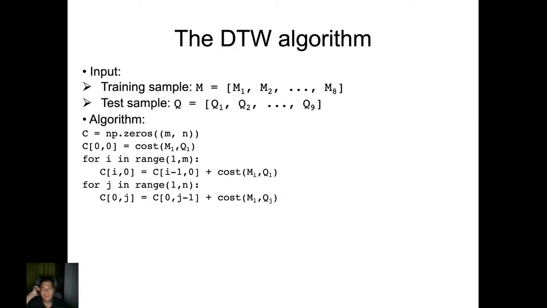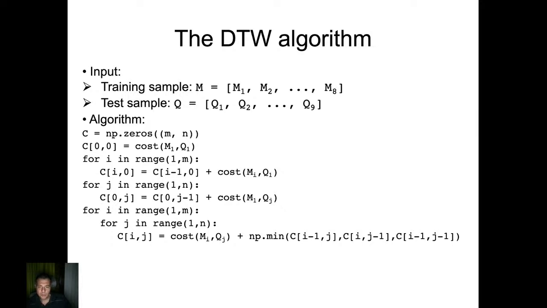Only here the index is 0, assuming that the index starts with 0 as in Python. So we'll just use this notation. Okay, so now you solve for these problems with unique solution. Now you go to the generic problem, and for every problem C of i and j, you compute the cost of the current pair and add the minimum from the three problems that I mentioned before.